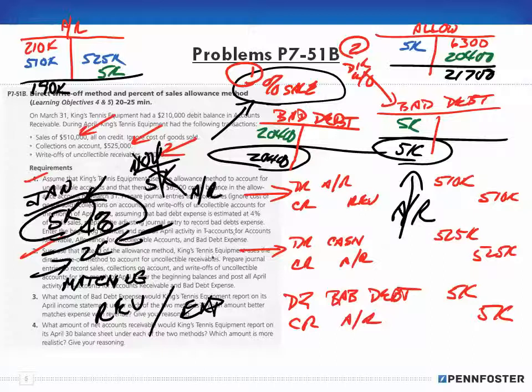It has nothing to do with our bad debt, because we had used the allowance account instead of the bad debt expense account. So that's the reasoning why the percent of sales, the allowance method, matches up better. According to the matching principle, it's more accurate than the direct write-off method.